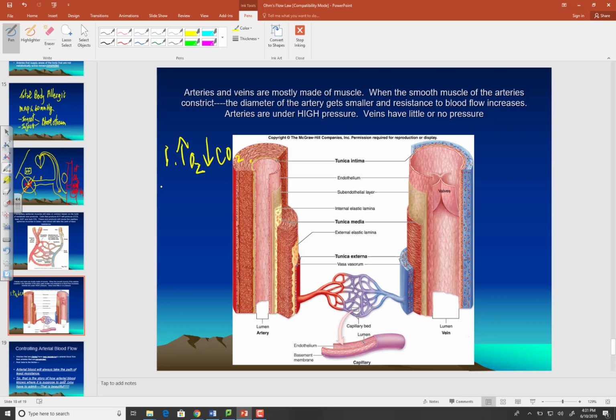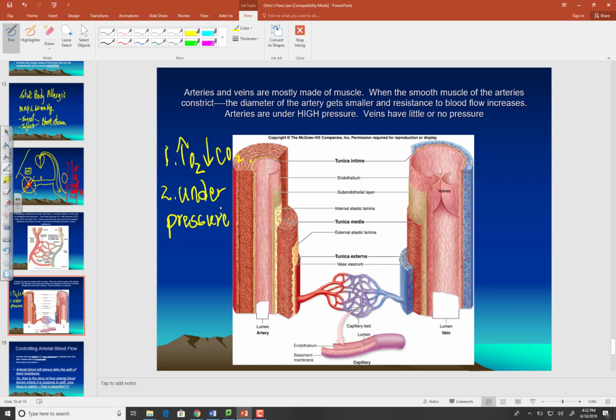Number two, and this is very important, they're under pressure. So if you ever take somebody's blood pressure, you don't measure it in a vein, you measure it in an artery. You measure it in the brachial artery, because there's pressure in the brachial artery, systolic and diastolic.